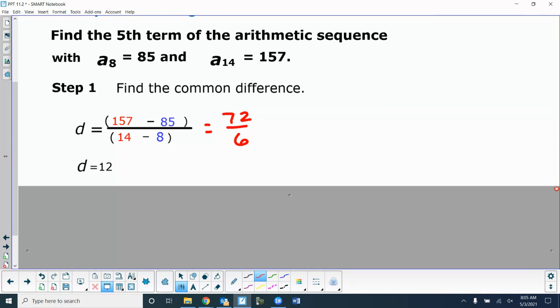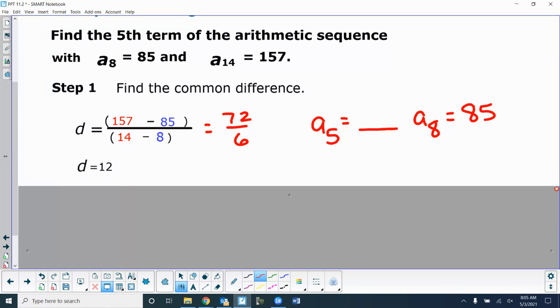We got to find the 5th term. All right? Here's what I do then. Remember, I'm looking for the 5th, and I know the 8th is, what, 85?